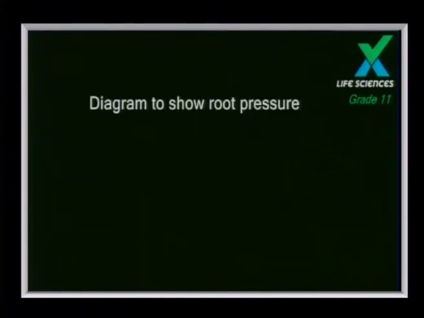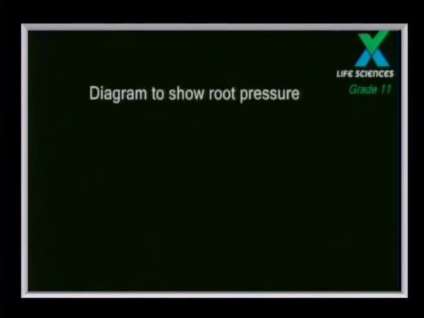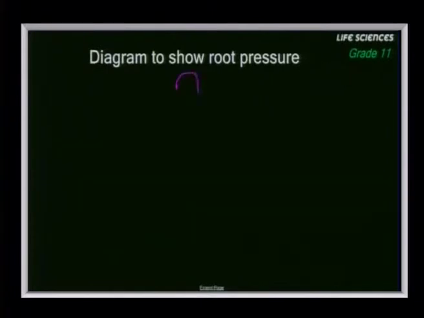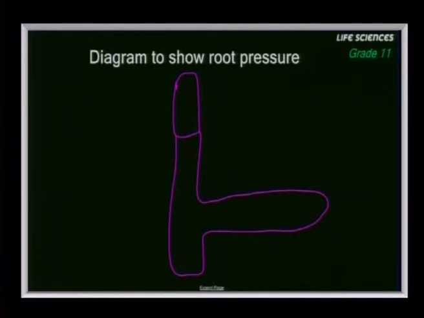All right, now a diagram to show root pressure. We did this previously, we have our root hair with the increased surface area. It has a cell membrane, and then it has a vacuole.